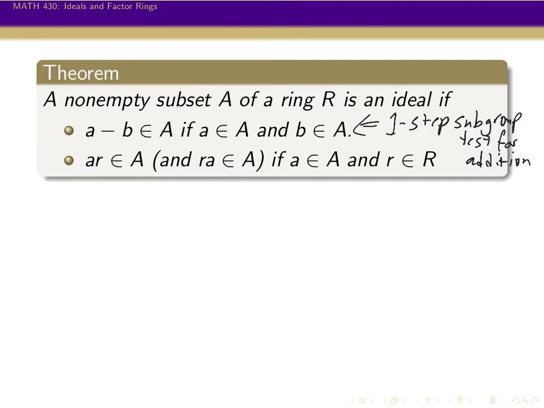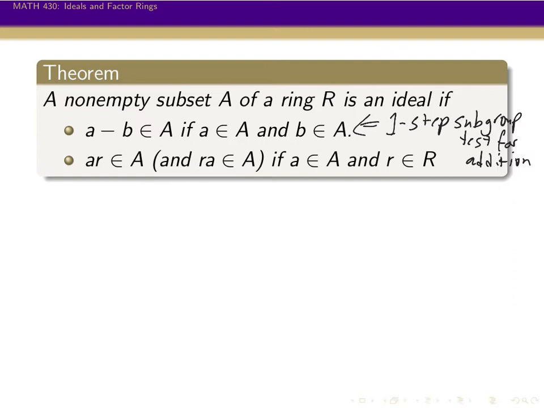Because an ideal is a special type of subring, it has to be a subgroup for addition. And then the second thing you need to prove, which is really just part of the definition of being an ideal, is that a times r has to be in the ideal for any a in the ideal and any r in the ring.